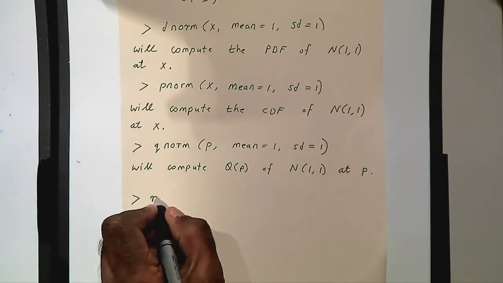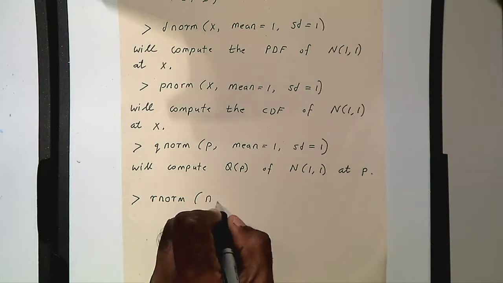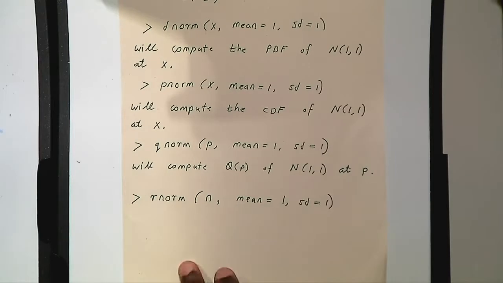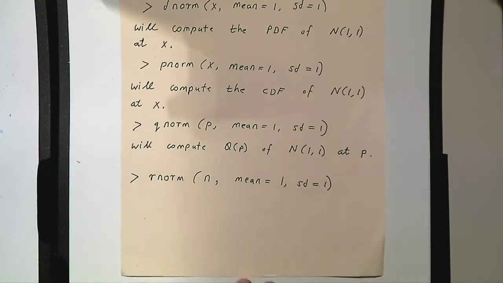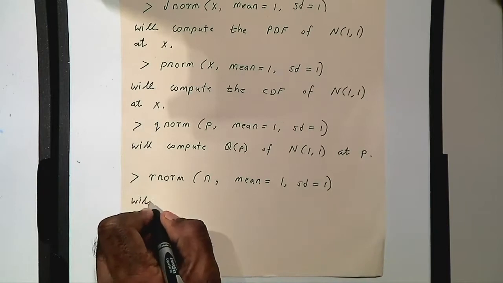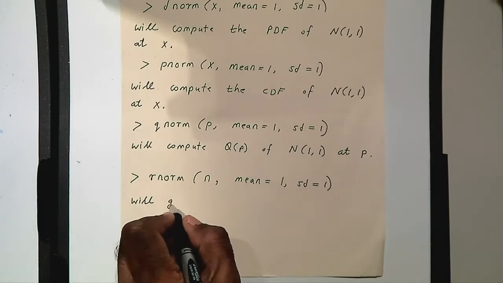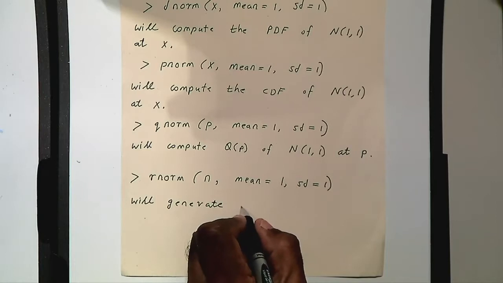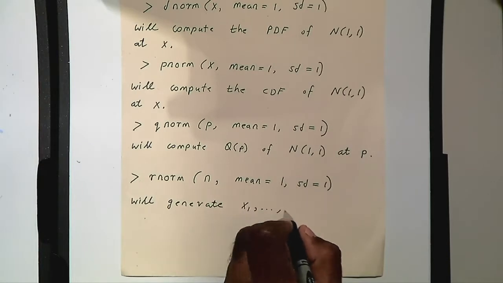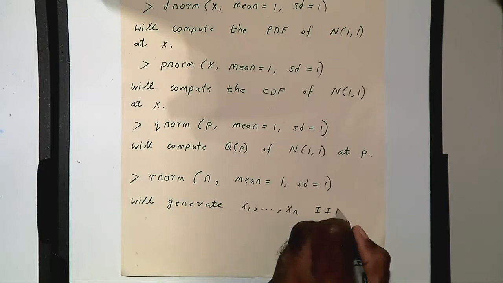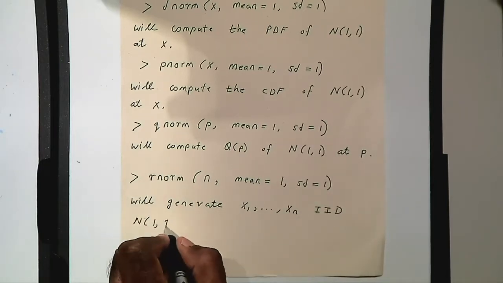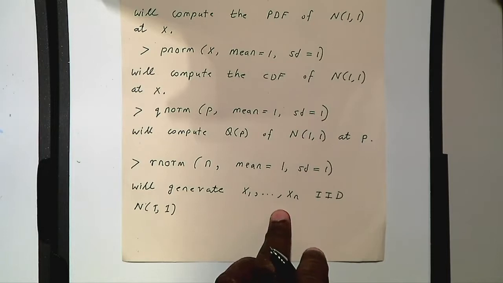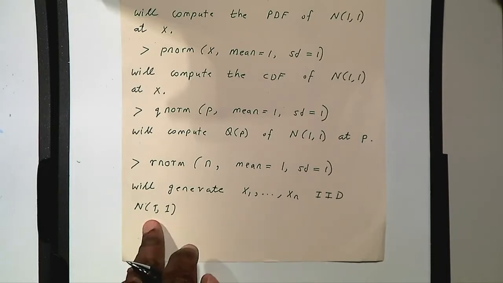And finally, rnorm, if you type something like this in R, it will generate a random sample, x1 to xn, where each element has the normal distribution N(1,1), right?